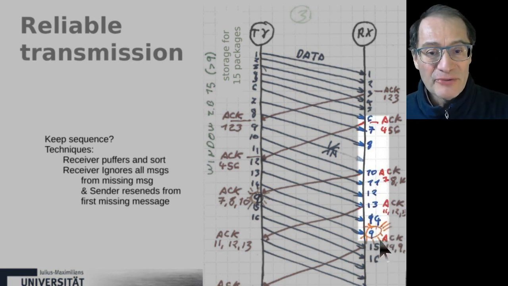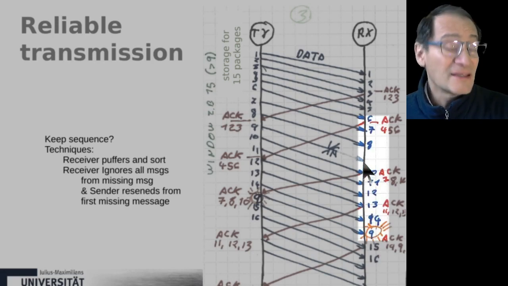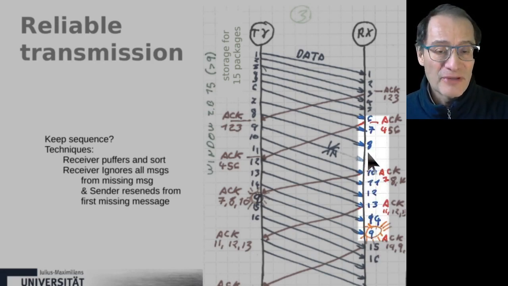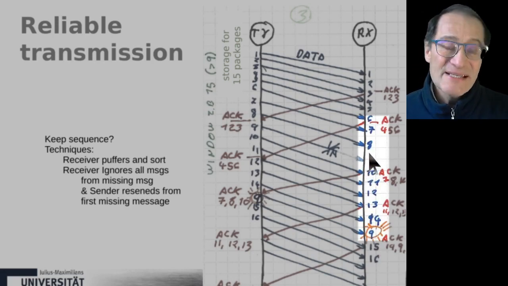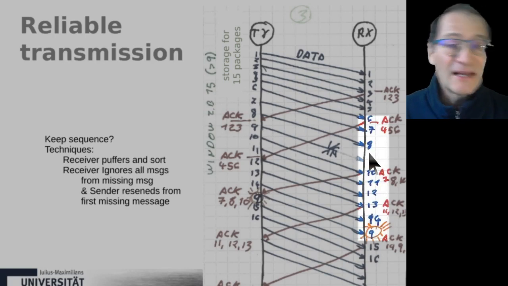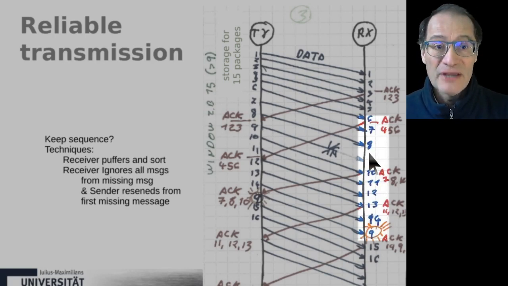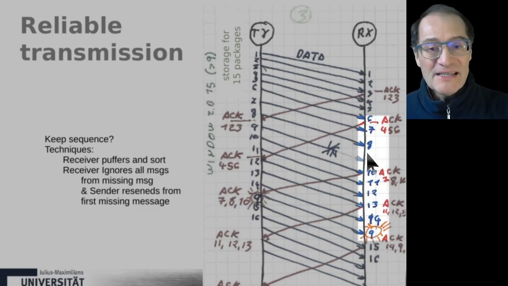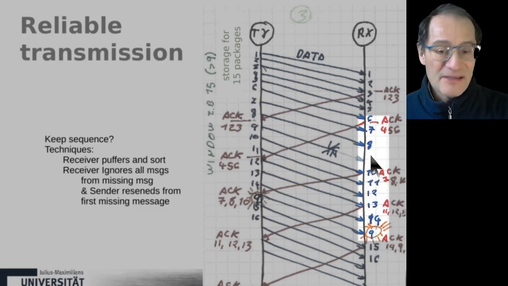I have to wait until 9, then I can sort, and then I can forward to the application. This means how many messages the receiver can store in order to be able to sort before they are going to be forwarded to the application. And this is what we call the receiver window.